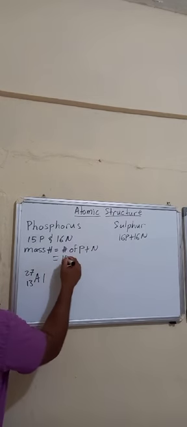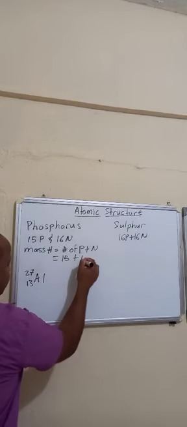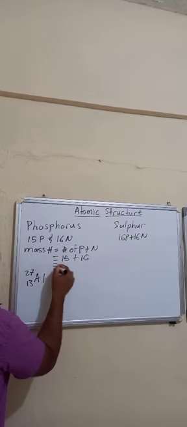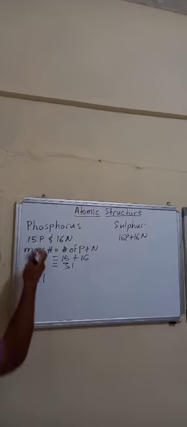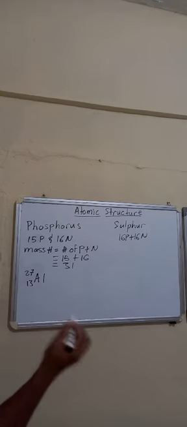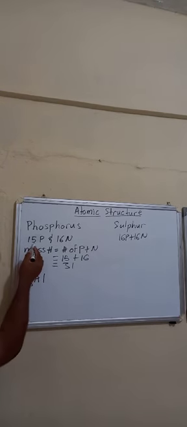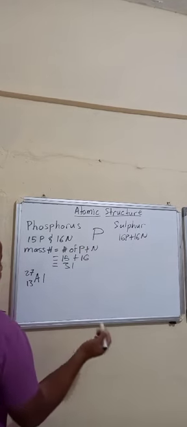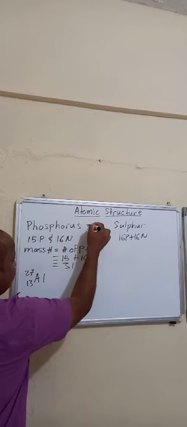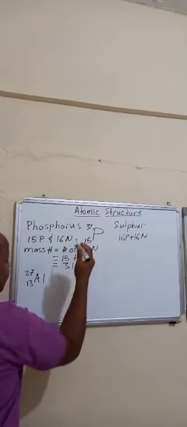So it has 15 protons and 16 neutrons. Therefore, the mass number for phosphorus is 31, and the atomic number is 15, because the atomic number and the proton number are the same. The symbol for phosphorus is P. Therefore, we would have 31 at the top and 15 below. Alright?